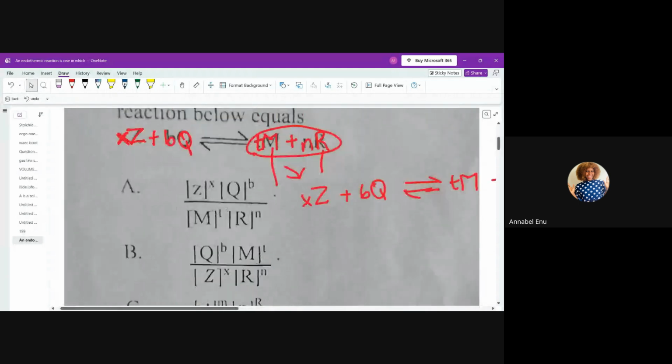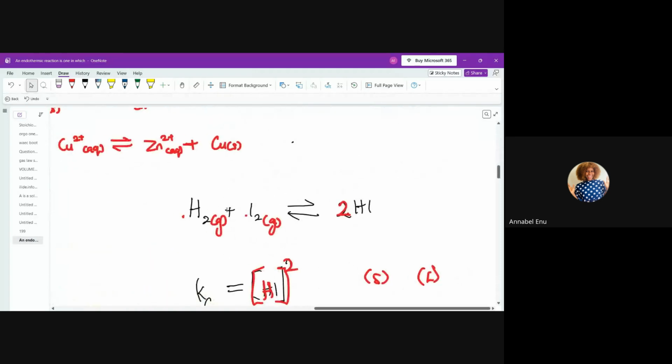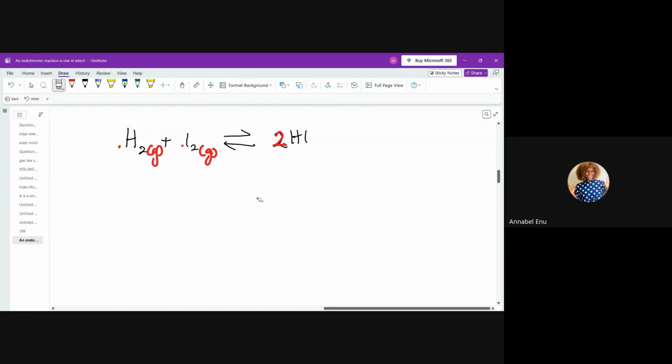So I was saying that if we have an equilibrium equation like the one you can see on your screen, to determine the equilibrium constant, it will be equal to the product.